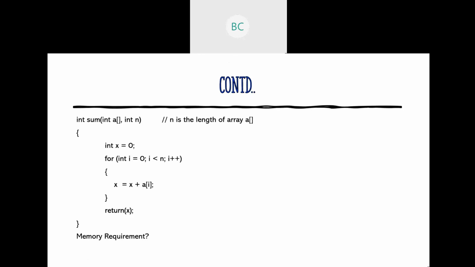Okay, so what is this piece of code doing? It's just summing up all the values in your array. So initializing x, then for i, this is your index. So from 0, it will just add up each value in your array. You got it right?